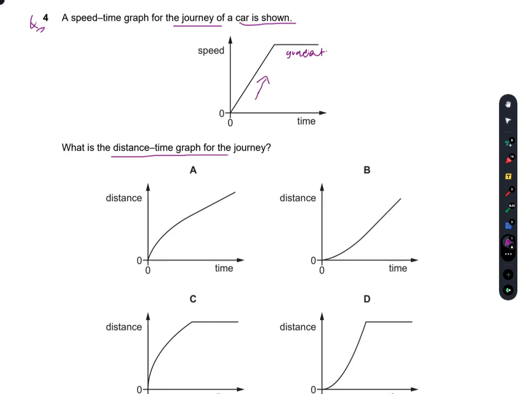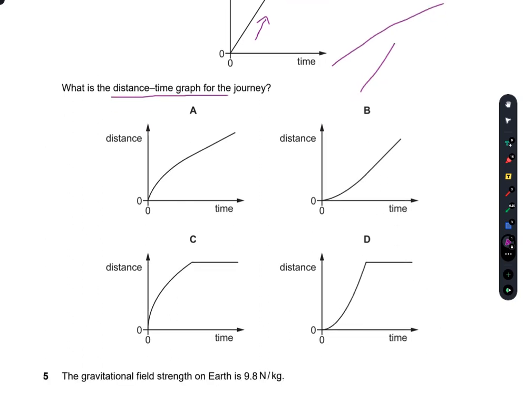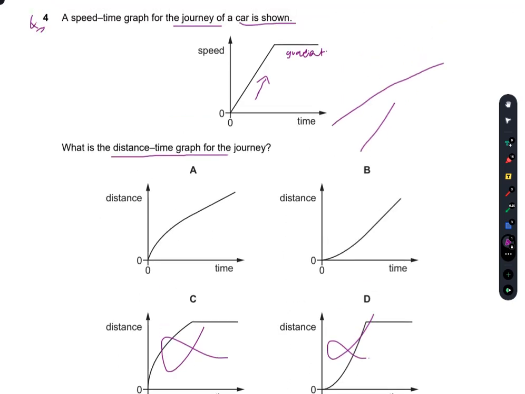This means that the distance is increasing first, and then at a greater speed the distance is increasing, and then the velocity becomes constant and the distance goes on increasing. If the distance goes on increasing, D shows that this body has stopped here, so D and C both are incorrect. Now during the first time the speed is greater, so the distance will increase.